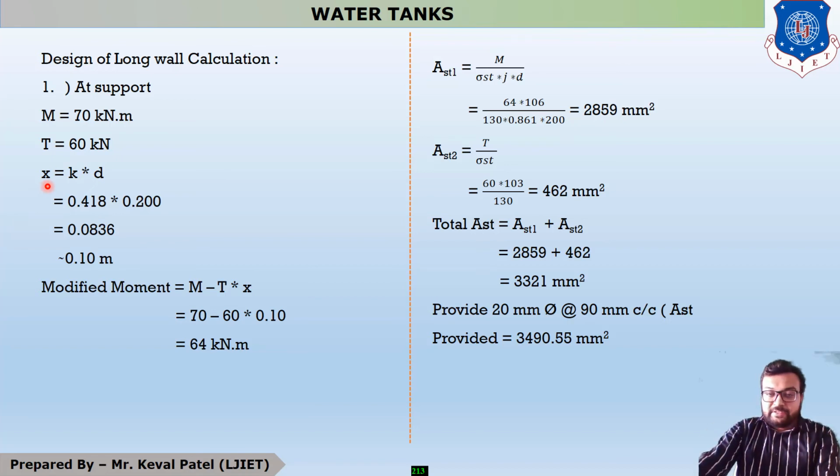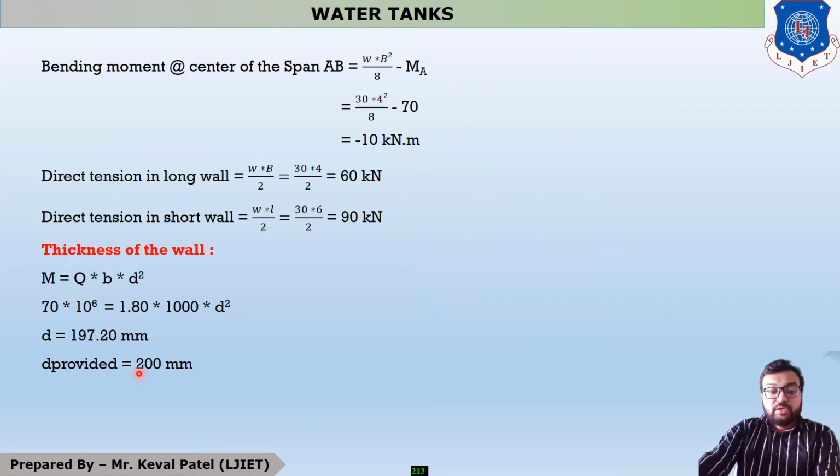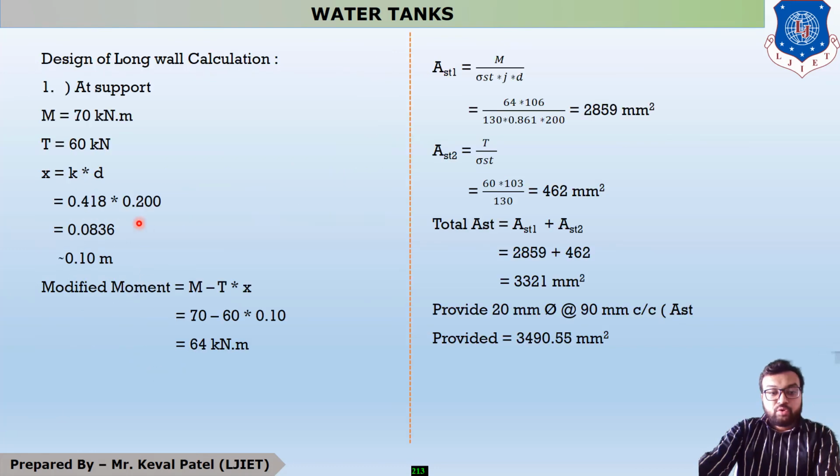So our X equation is K into d. Our K value is 0.418. It is the design constant. And your d is equal to 200 mm, but we have to convert it into meter. So you will get your answer 0.0836. So we round this value to 0.10 meter.